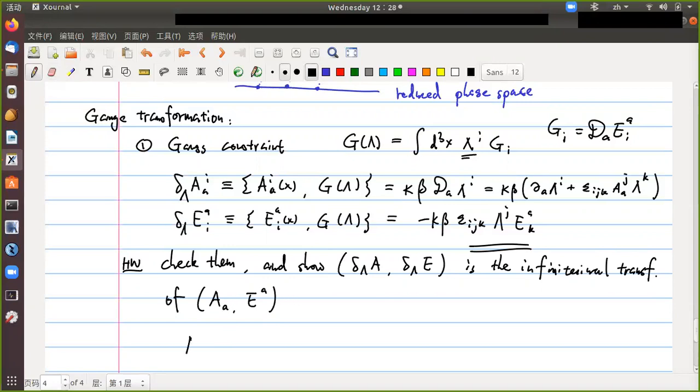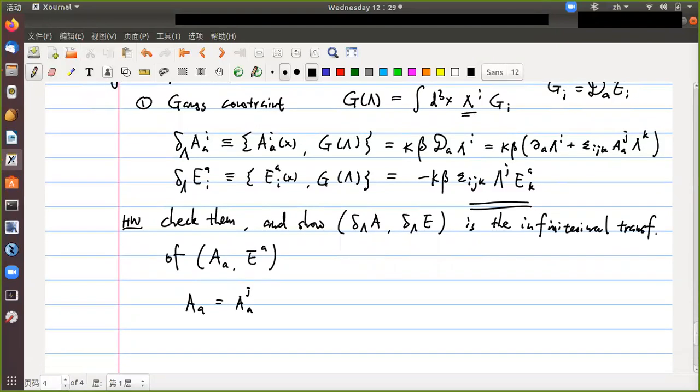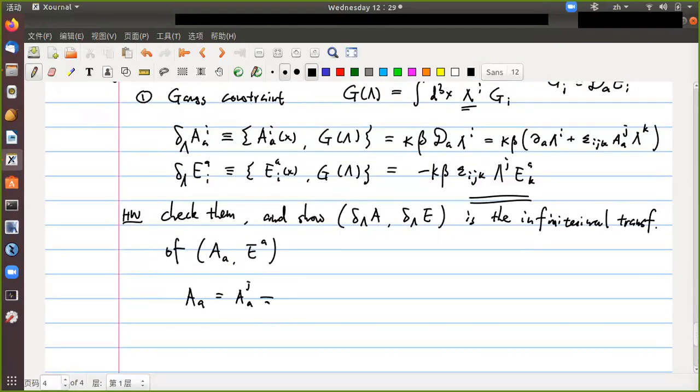I'll give you the explicit formula: A_a equals A^J_a τ_J. It also relates to our convention for the Lie algebra generator. So I will call this τ_J. τ_J is a matrix, and τ_J equals minus i σ_J over 2, where σ_J is a Pauli matrix, with J equals 1, 2, and 3.